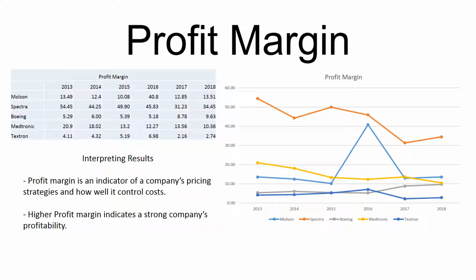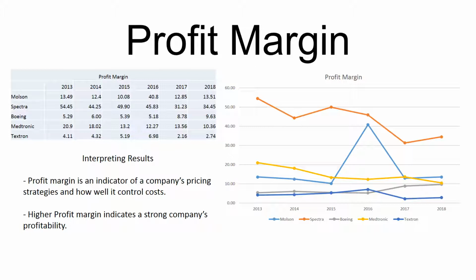For the last 5 years, Spectra placed number one compared to the other four companies in profit margins. In 2018, it has a profit margin of 34.45, which means that for every dollar they create in sales, they retain 34.45 cents.